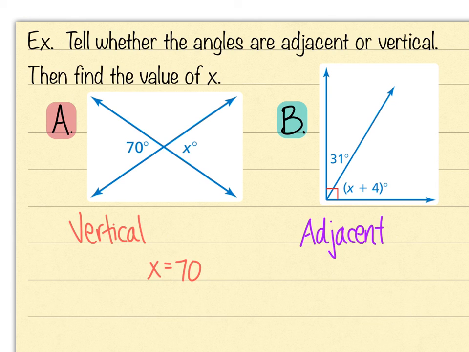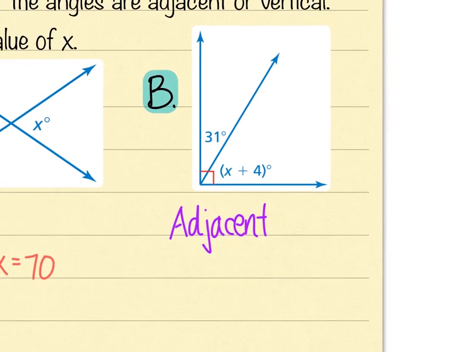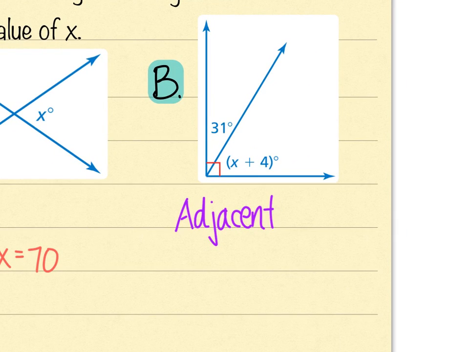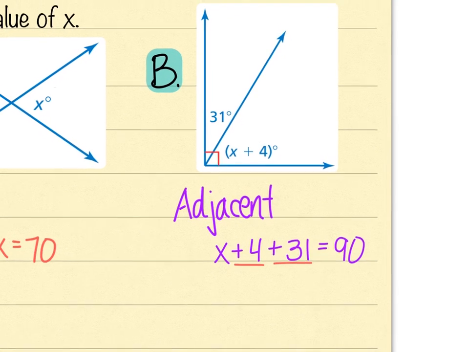And so because they're right next to each other, I know that together these two angles will add up to 90 degrees. So I'm going to make an equation that shows that they will add up to 90 degrees. And so to do that, I'm going to say that the x plus 4 angle plus the 31-degree angle together will equal 90 degrees. And we're just going to solve this equation for x. The first thing you would do is combine those two like terms, the 4 and the 31 there. They're both positive.